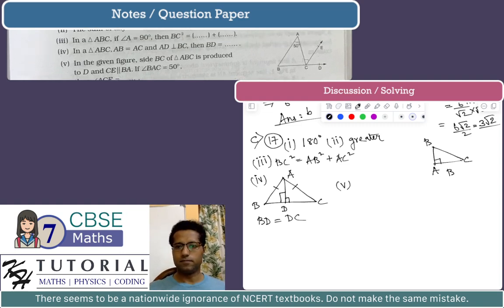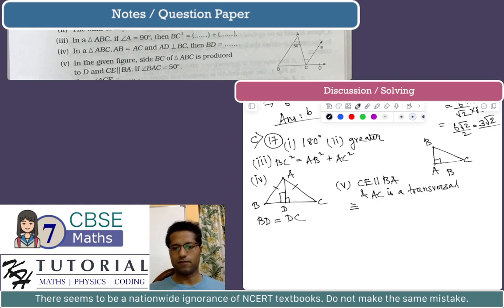Now clearly we can see that CE is parallel to BA, it is given, and also we can see that AC is a transversal intersecting these two parallel lines.